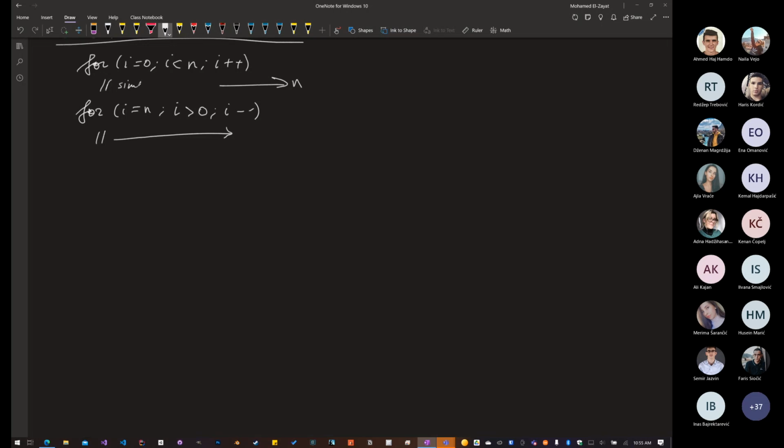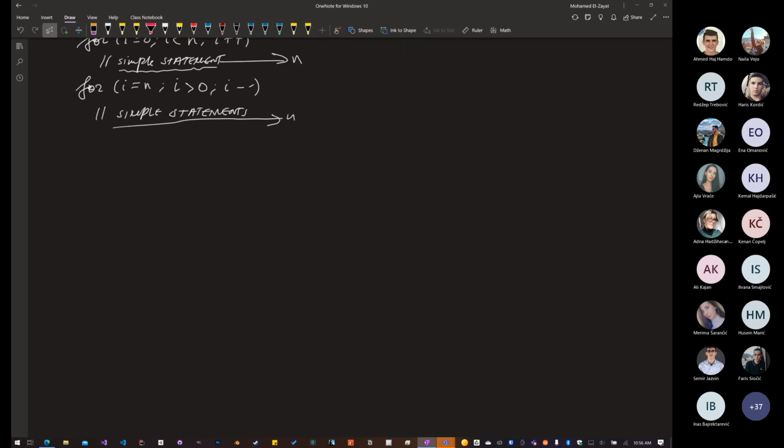Given that this is a simple statement, this is important. Simple statement or statements, it doesn't matter. The main thing is you don't have a complicated function call in here. It's also going to be running n times. N.